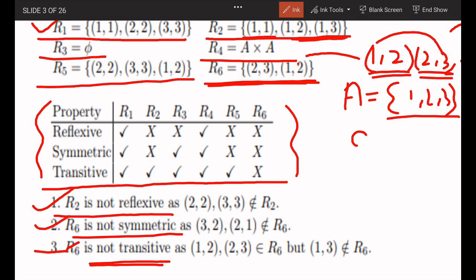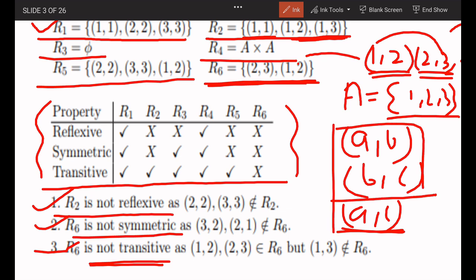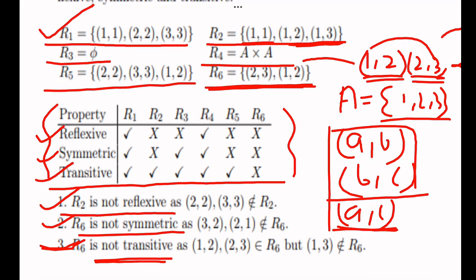If (a,b) is in R and (b,c) is in R, then (a,c) must be in R. This is the transitive property, and R6 does not satisfy it. We already discussed reflexive, symmetric and transitive, and I think you understand.